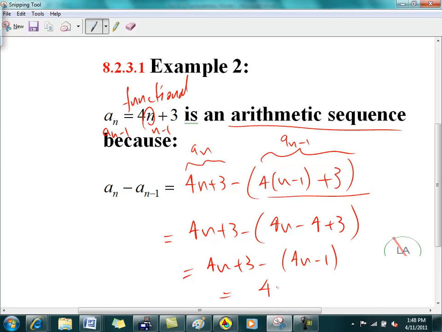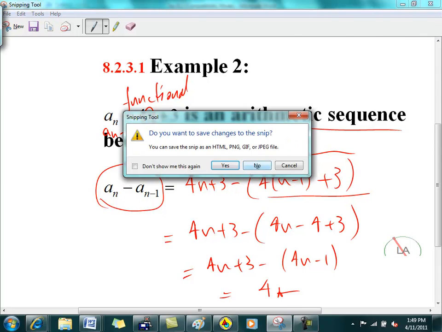Is everybody with me on this? Let me pause here and have you catch up. People, listen up. What this is saying is that if I take any two consecutive terms, and I haven't given n a value there, I get a constant number 4, which is the definition of an arithmetic sequence. So this is indeed an arithmetic sequence.